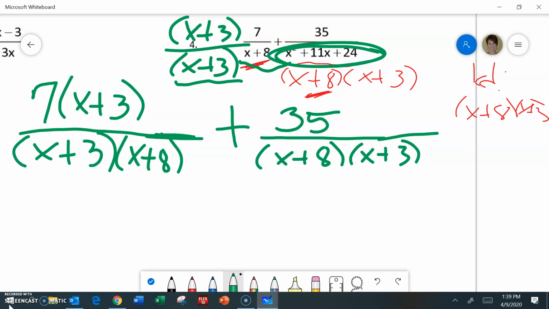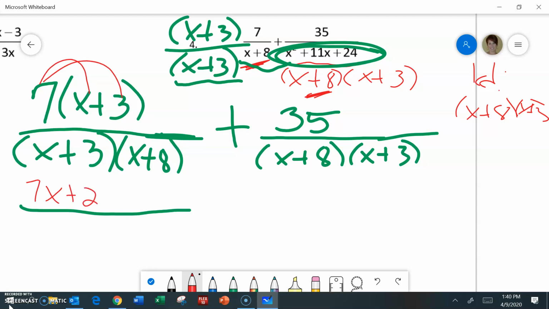Now, people want to start doing weird stuff, but you haven't even really done anything yet, because now we need to add. So on the top, I'm going to go ahead and distribute. I'm going to get 7x plus 21, and then I'm going to add that to this 35.